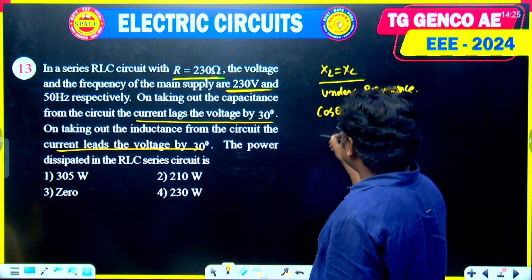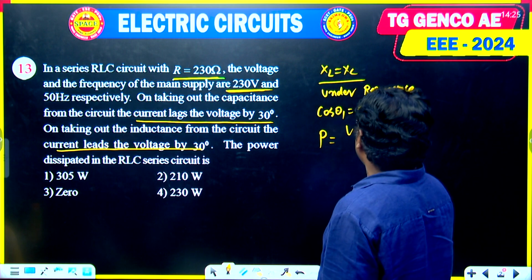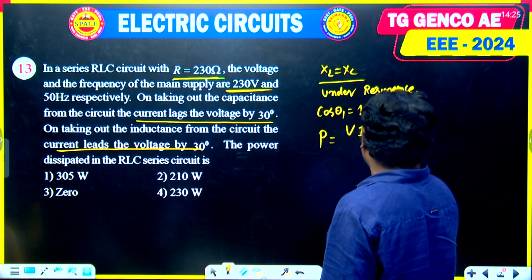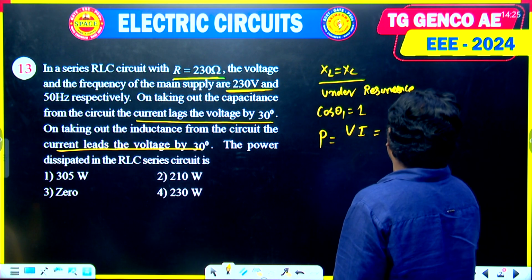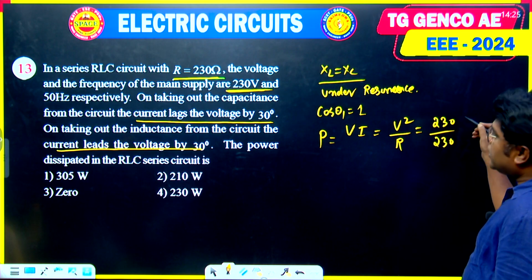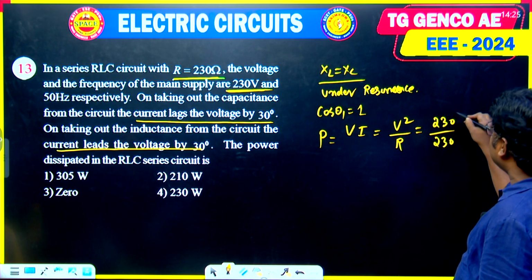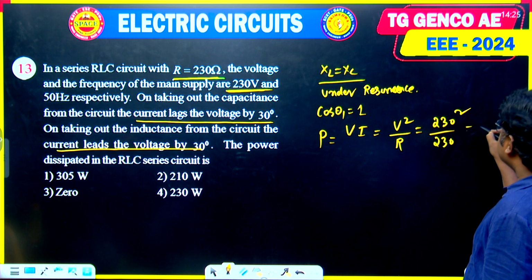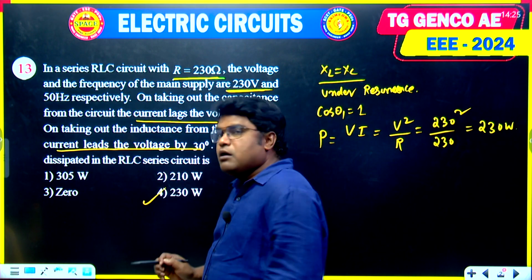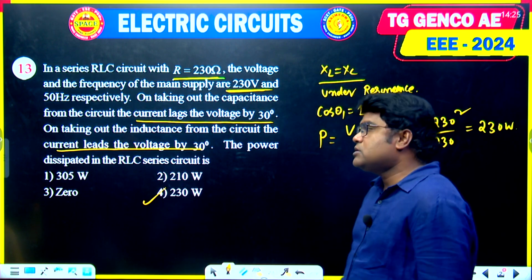When the power factor is 1, power dissipation is equal to V square by R, or V into I only. So we can write V square by R, where V is 230 divided by 230 ohms. So it is 230 square divided by 230, which equals 230 watts. So the answer for this question is option 4.